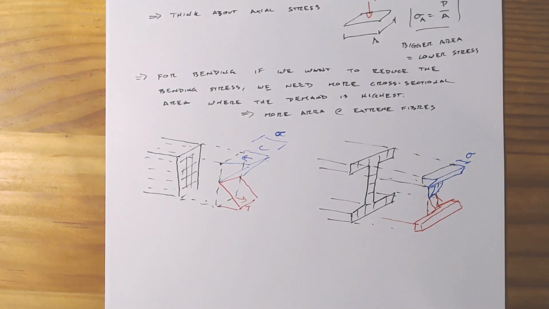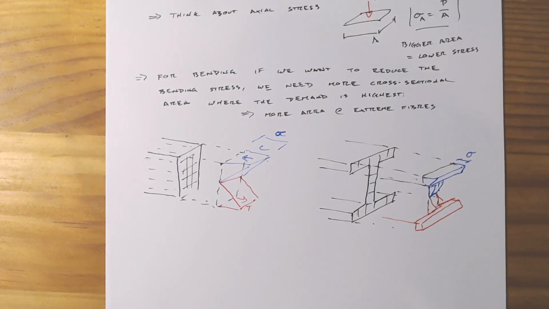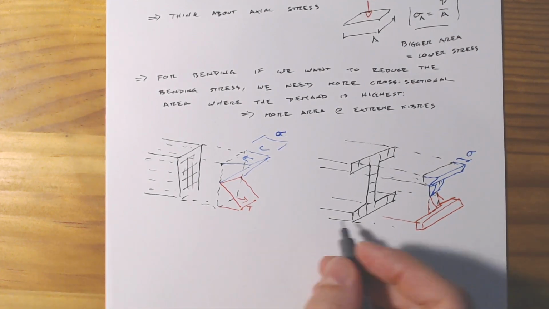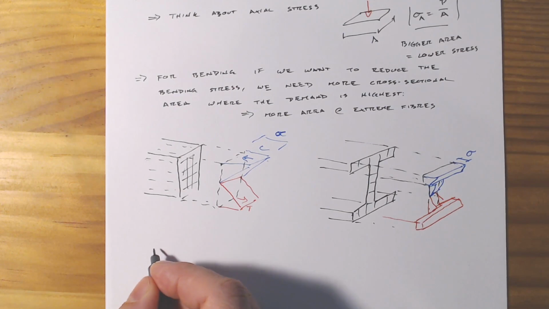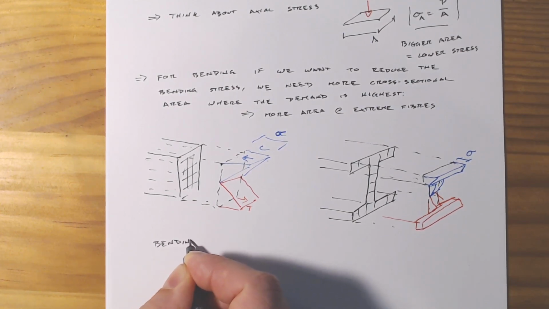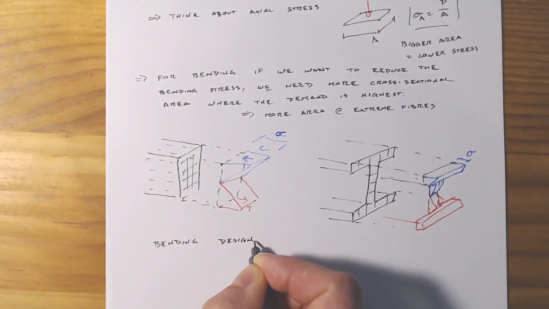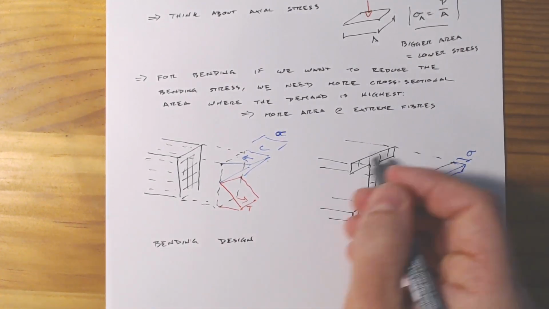And so, as I said, we're going to discuss this in a lot more detail and give a much more rigorous derivation of how we come to this. But this is effectively the overview of how bending stress comes around, and that for designing, bending design is really about optimizing this cross section.